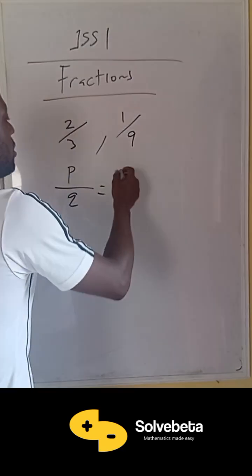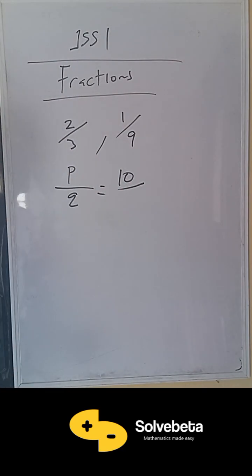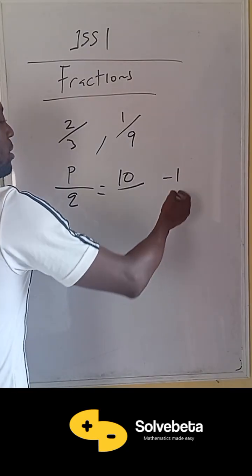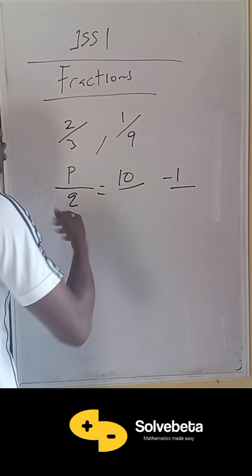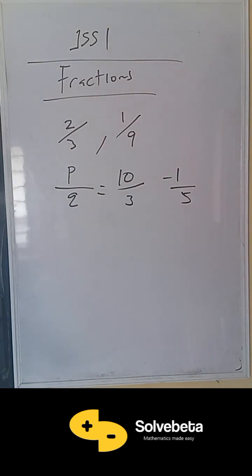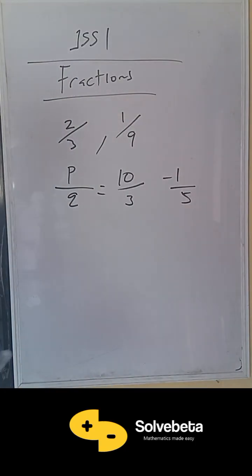P could be 10, it could be any number, it could be -1. Q could be any number: 2, 3, 5. That's a fraction. Take note, very important.